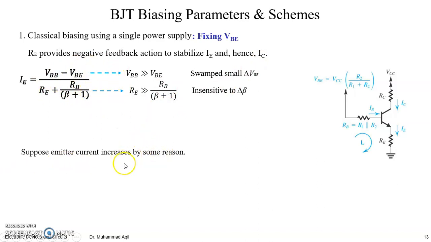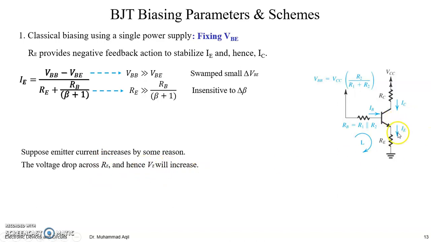So suppose emitter current increases by some reason. What is going to happen? The voltage drop across RE will increase, and the voltage drop across RE is VE, right?